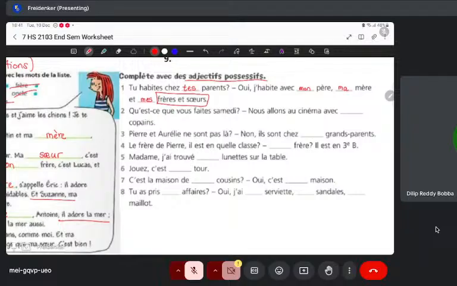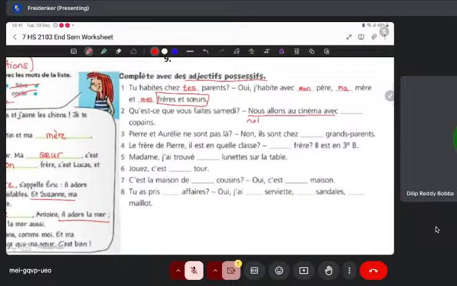Qu'est-ce que vous faites samedi? Okay, what do you do on Saturdays? Nous allons au cinéma avec dash. So, we go to the cinema with dash friends. So, with our friends, right? So, we go to the cinema with our friends. So, nous is the owner there. If nous is the owner, we have two cases.